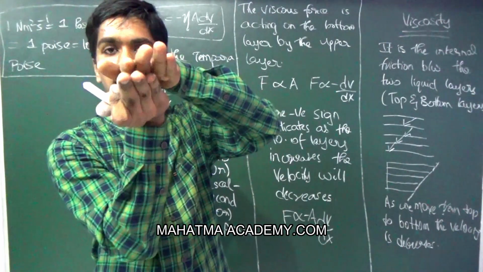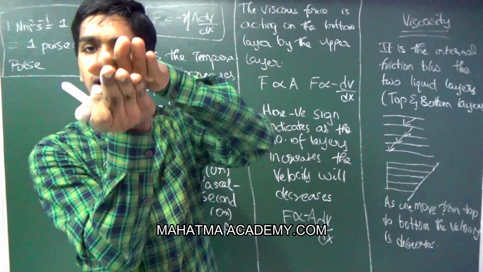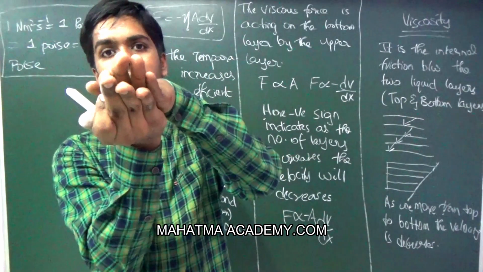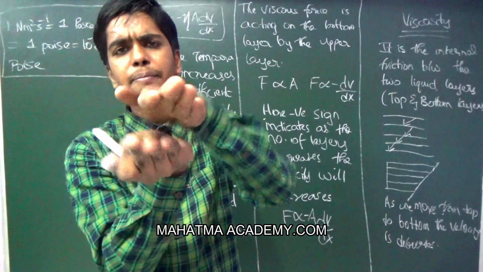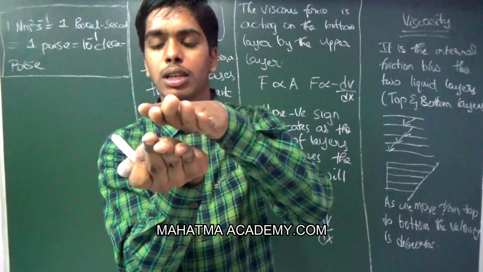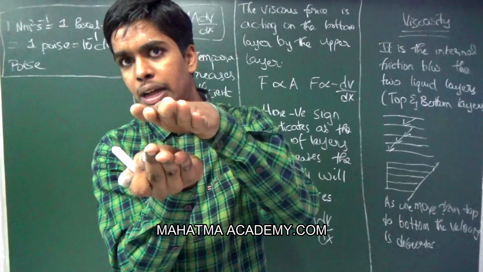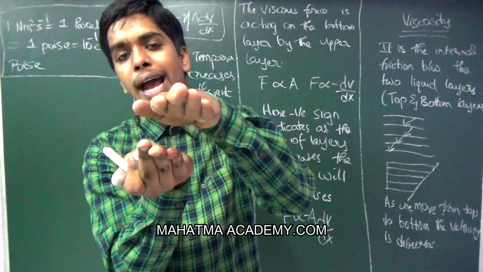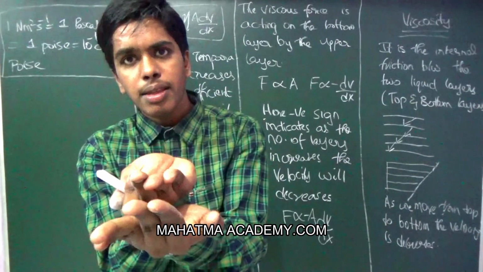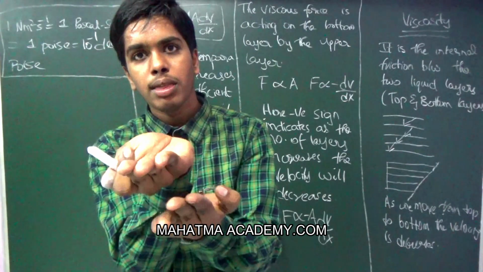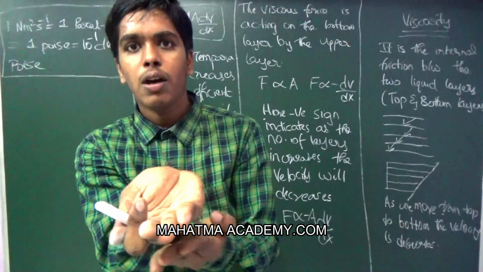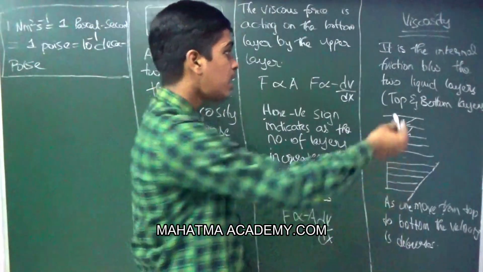Now the top layer exerts a force on the bottom layer, and it will drag the bottom layer some distance backwards, while the bottom layer will move. Now this is the bottom layer, and this is at the same level. Now this will drag, this will come down backwards. This is the case.